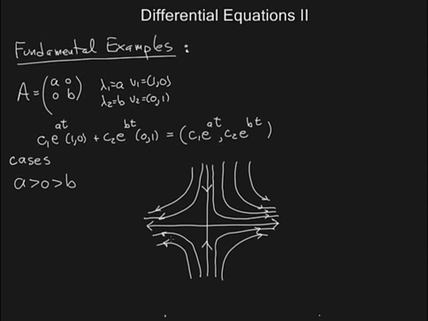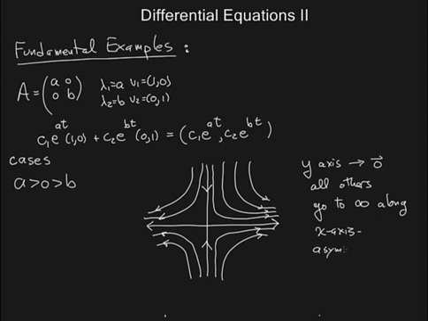They go in towards 0, but then they go out towards infinity. The y-axis goes to 0, but all others go asymptotically to infinity and close to the x-axis. They're going off to infinity, but they're getting closer and closer to the x-axis.